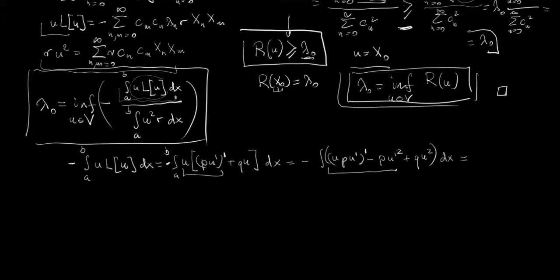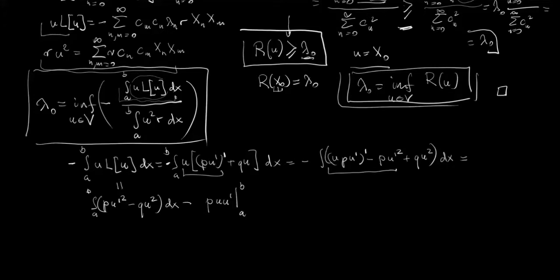And when we integrate, we get that this thing is equal to the integral from a to b of p u prime squared minus q u squared dx, and here is negative p u prime u evaluated at the boundaries a and b.